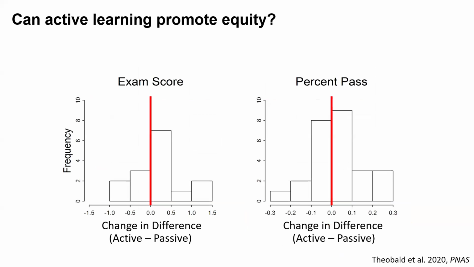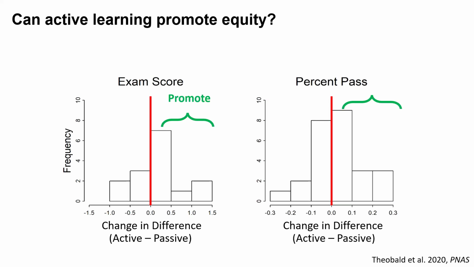But of course, there's a ton of variation. These histograms are showing you the change in the difference when we're moving from passive learning to active learning. Again, exam scores on the left, percent probability of students passing the class on the right. I'm so sorry, you get it. I said the wrong thing.